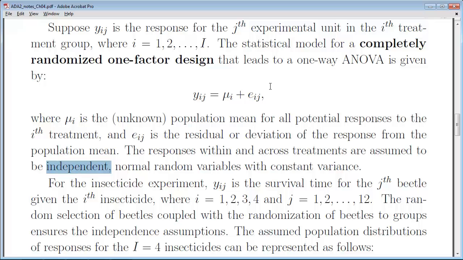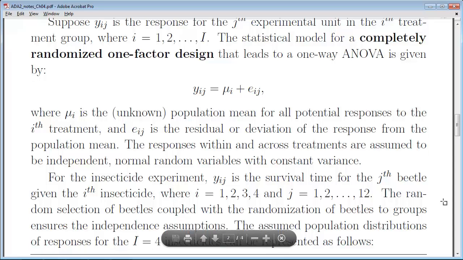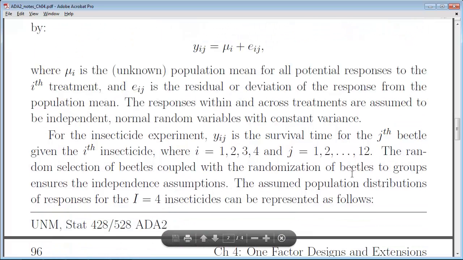So we're going to treat beetles here as being independent, that the survival time of one beetle does not affect the survival time of another beetle. For example, they're not battling to the death as they're also dying from the insecticides. Poor guys, or gals, depending on how you controlled for sex. All right. So all that is what I gave as an example in this last paragraph here.